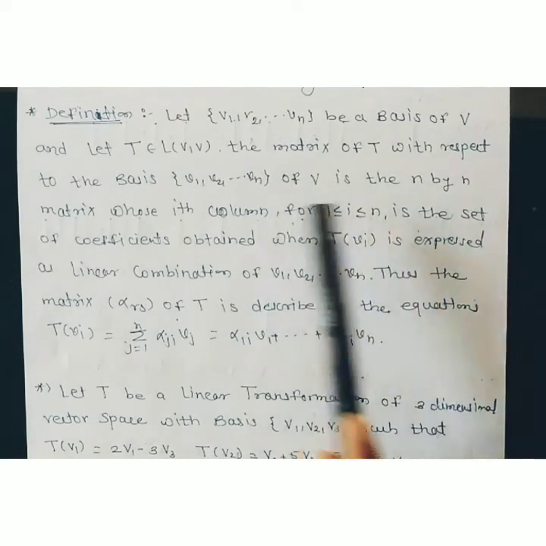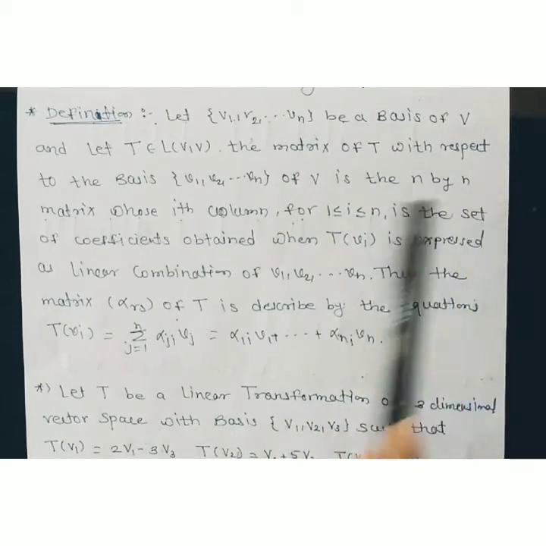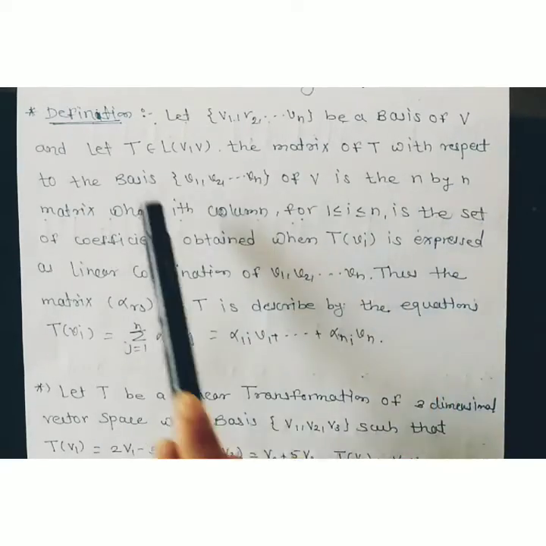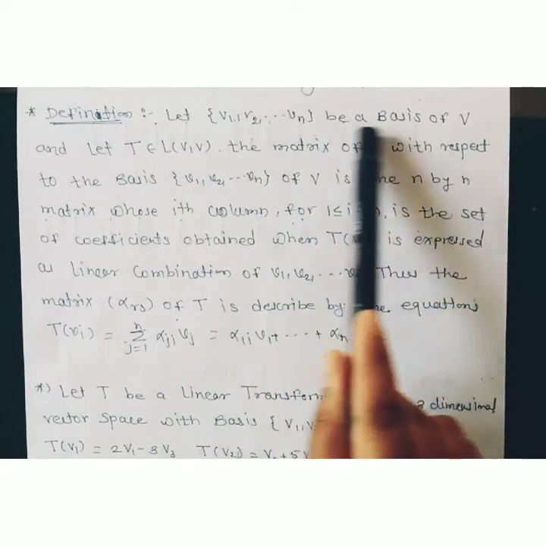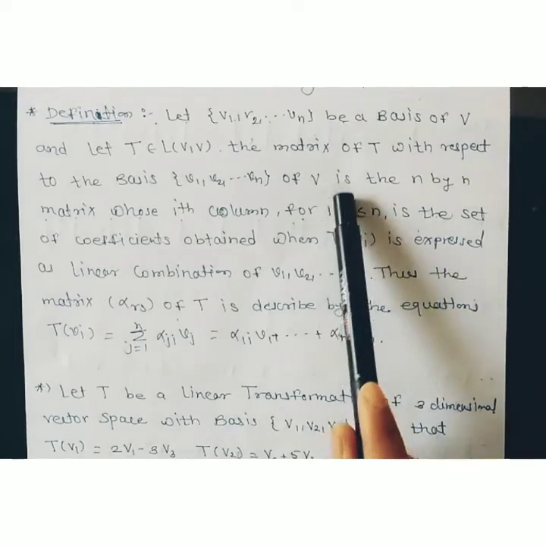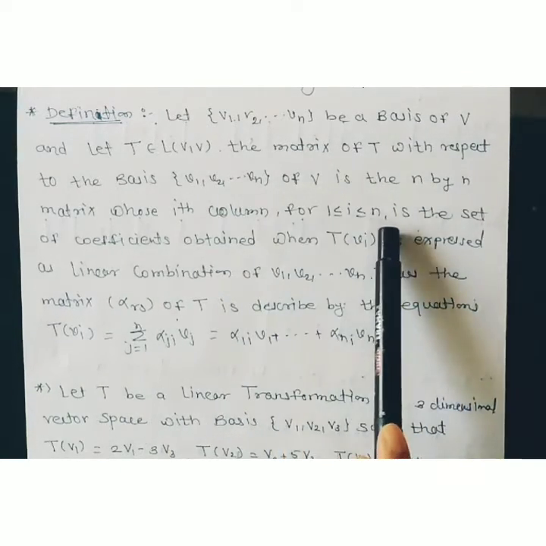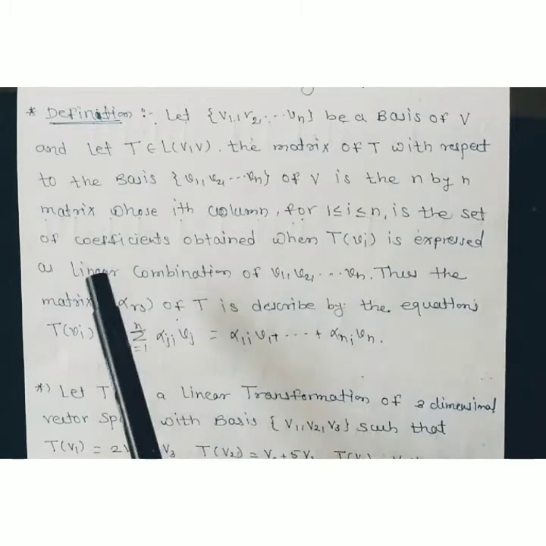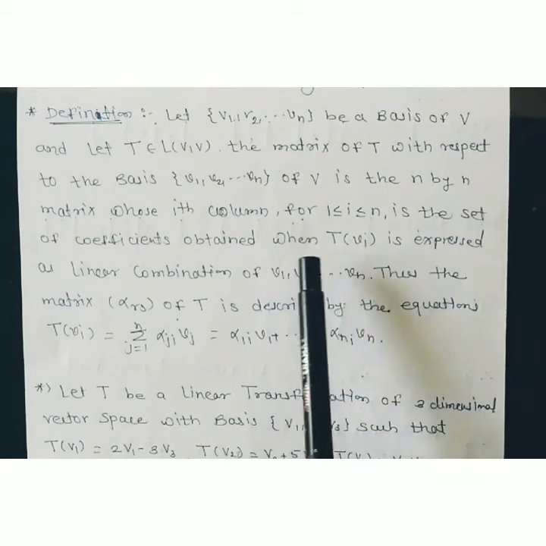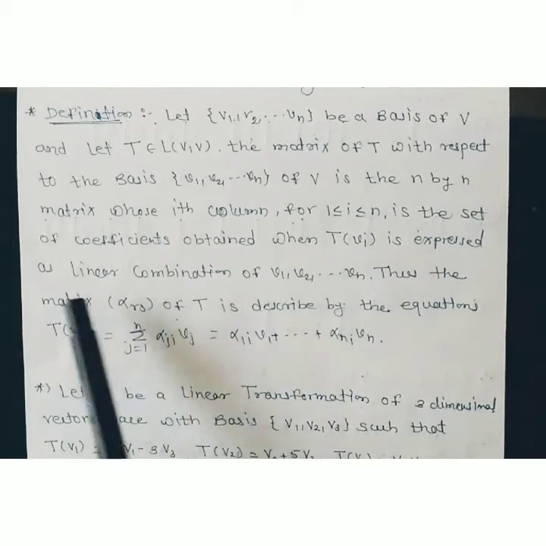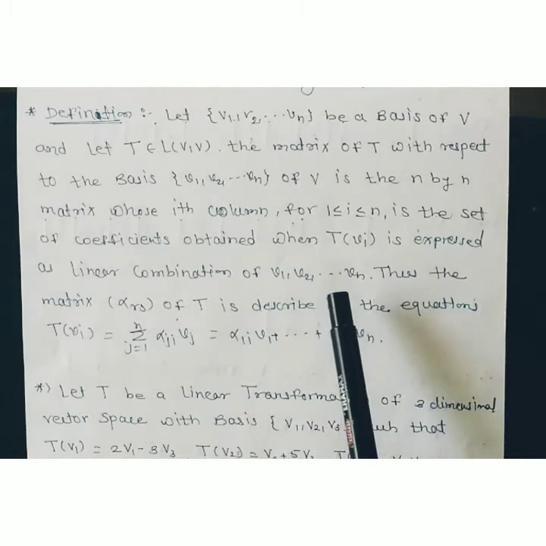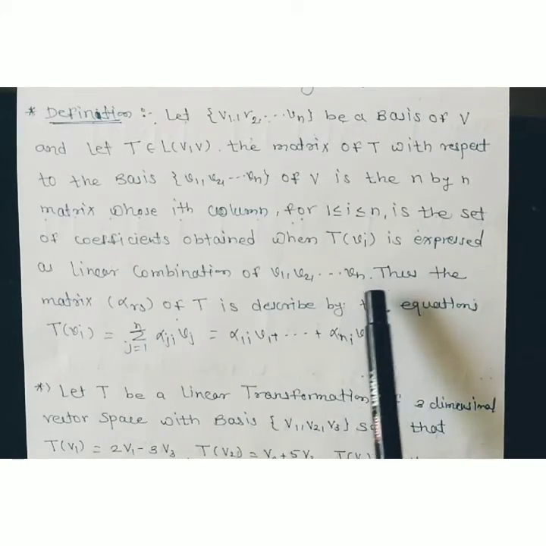As T belongs to L(V,V) and V contains n basis vectors, this matrix of T is an n by n matrix whose ith column, for 1 ≤ i ≤ n, is the set of coefficients obtained when T(vi) is expressed as a linear combination of v1, v2, up to vn.